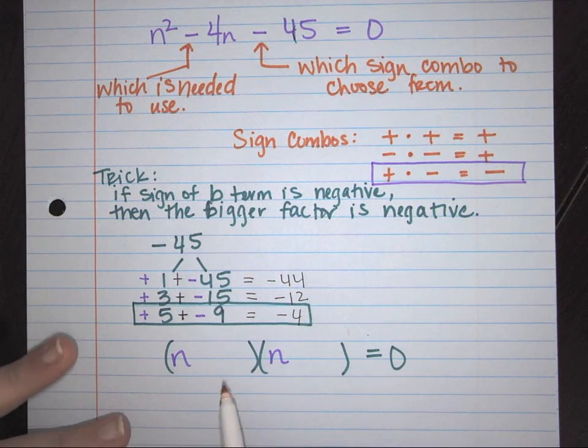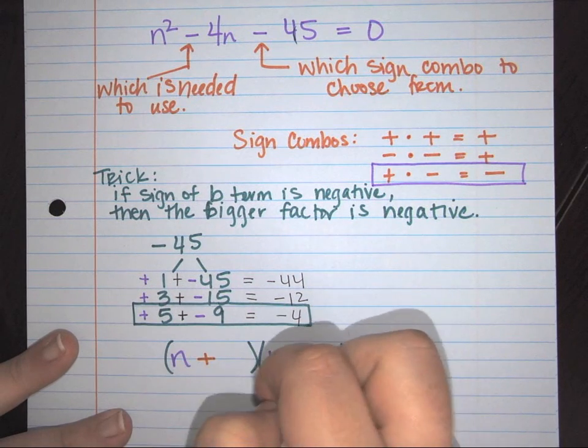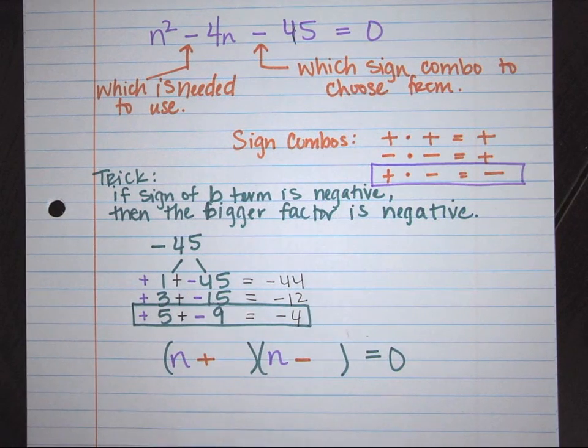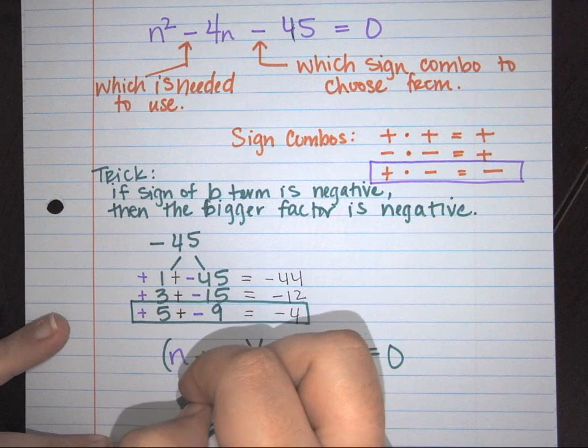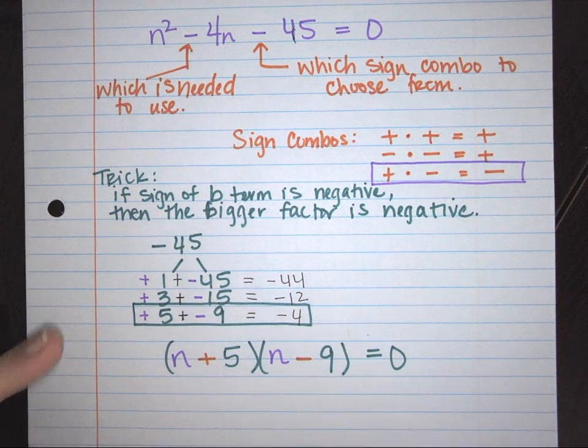I then know, because of my signs, that I have one positive and one negative. And then because of my factors, I know my positive was 5 and my negative was 9. Thus, I have set up my factors the way I'm supposed to.